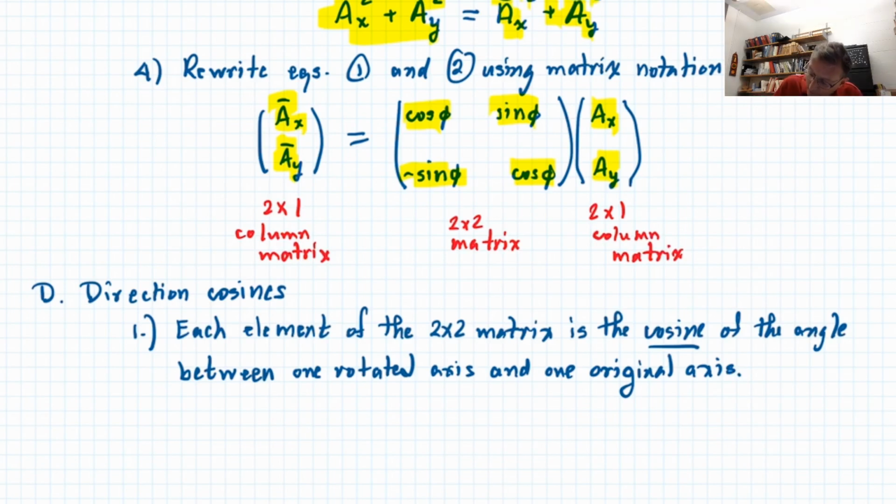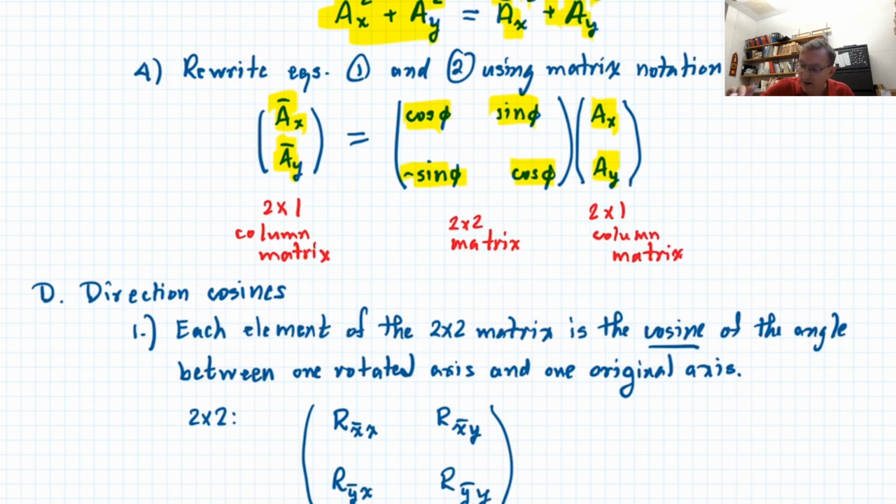And the way we would represent that 2 by 2 matrix in general is we write the elements like this. R, that's the notation, with a subscript x bar x in the first row, and R x bar y in the first row, R y bar x, and R y bar y in the second row.